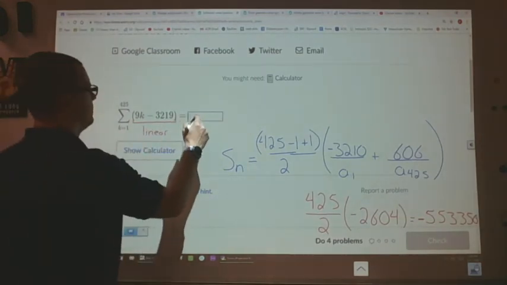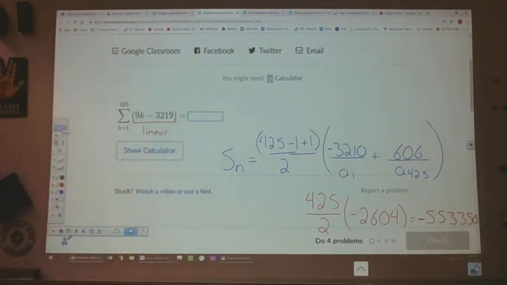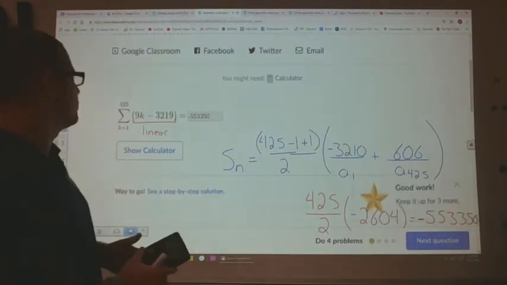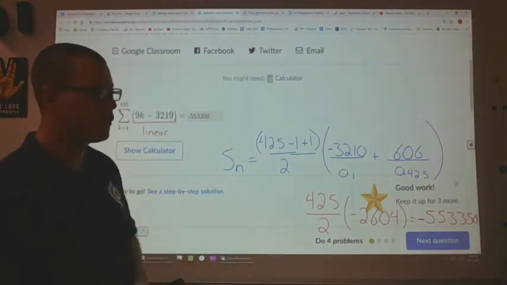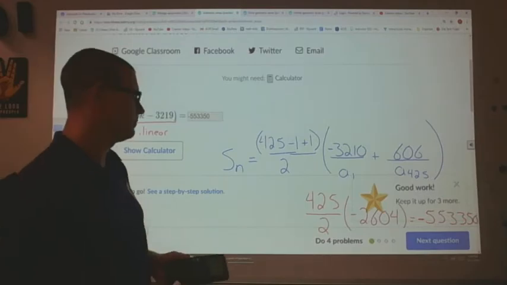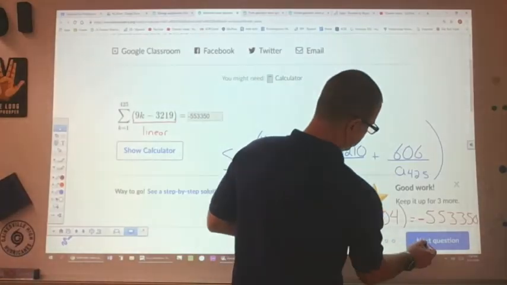So put that in. Negative 553,350. Okay. And notice that took me a lot less time than if I had tried to write out all 425 terms. Okay.